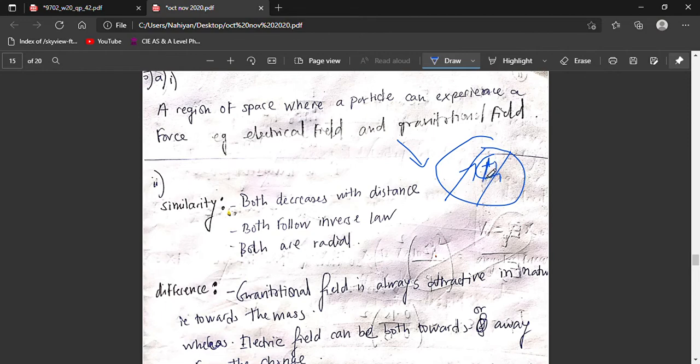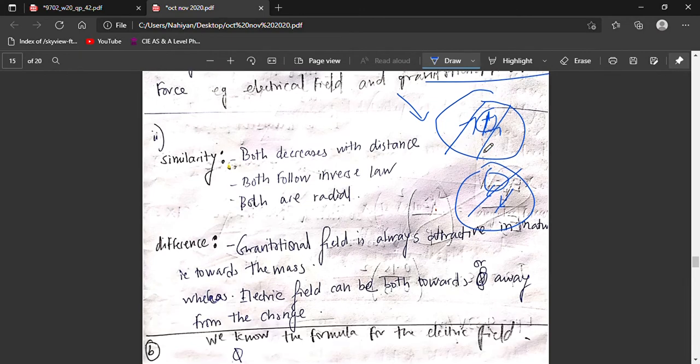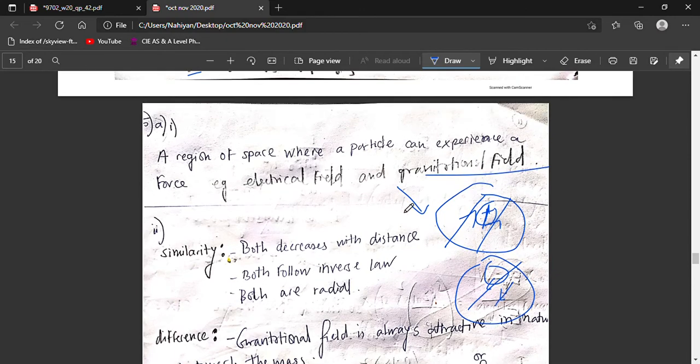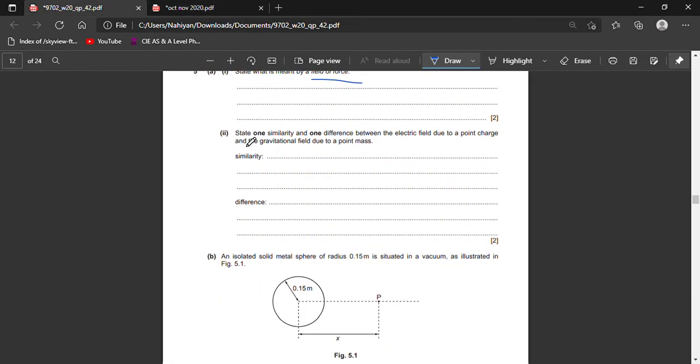And if it was a gravitational field, and you put another mass, we know there is an attractive force acting, as there is an interaction of force working. So that's it. Moving on.